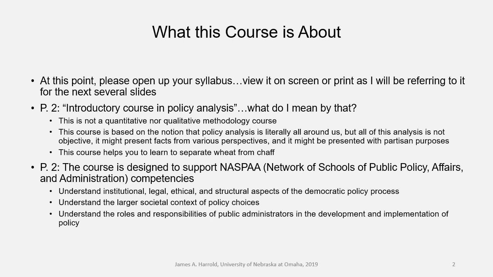So if you look at various think tanks, say the Heritage Foundation, which is a self-described conservative think tank, or Cato, which is a self-described libertarian think tank, or the Center for American Progress, which is a self-described liberal think tank, you will see policy analysis is going on in all these kinds of organizations.